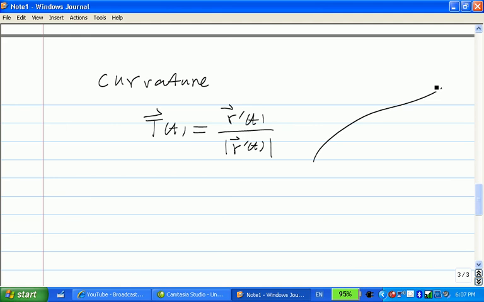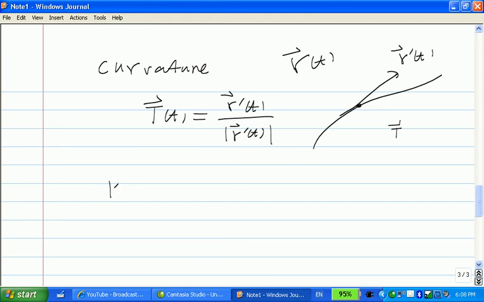So if I give you r of t, that means I give you a curve, and r prime t gives you the tangent direction. The capital T has the same direction as r prime t, which means also the tangent direction. However, its magnitude is 1.